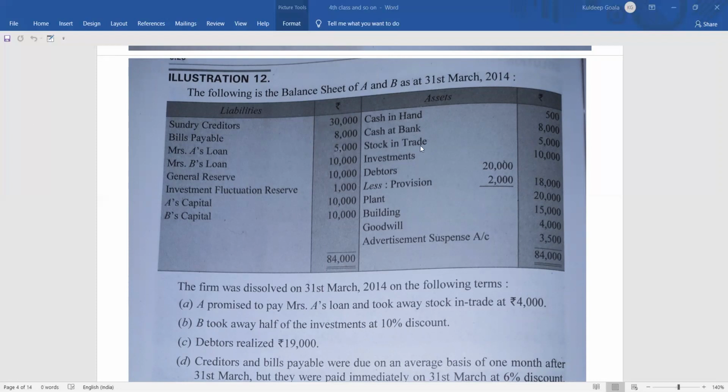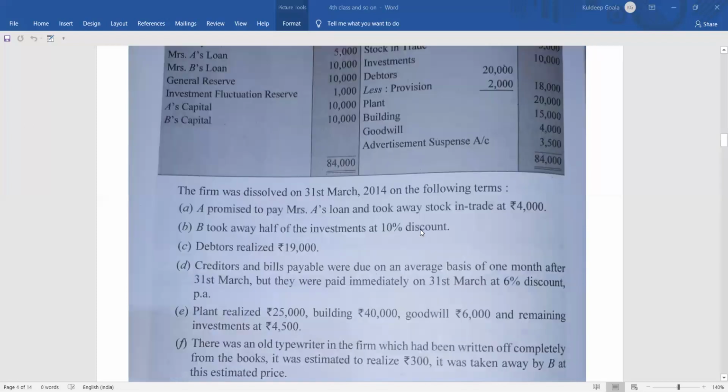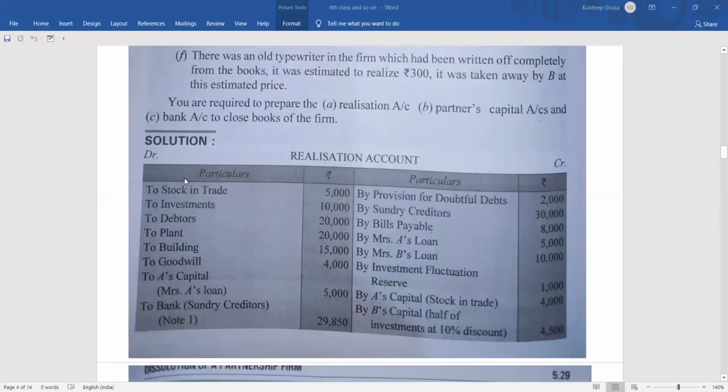So the journal entry will be realization account debit to stock in trade, to investment, to debtors 20,000, plant and machinery 20,000, building 15,000, goodwill 4,000. In the debit side of realization, you can see to stock in trade 5,000, to investment 10,000, to debtors 20,000, to plant 20,000, to building 15,000, to goodwill 4,000.